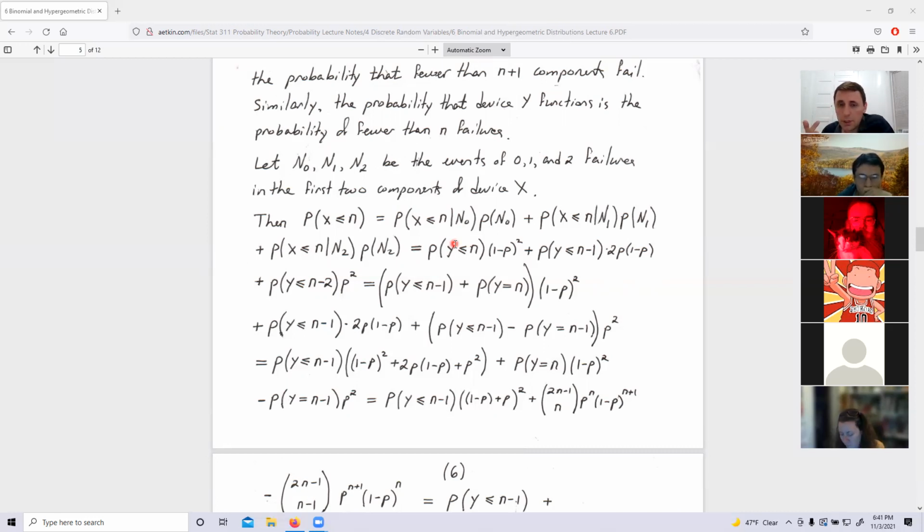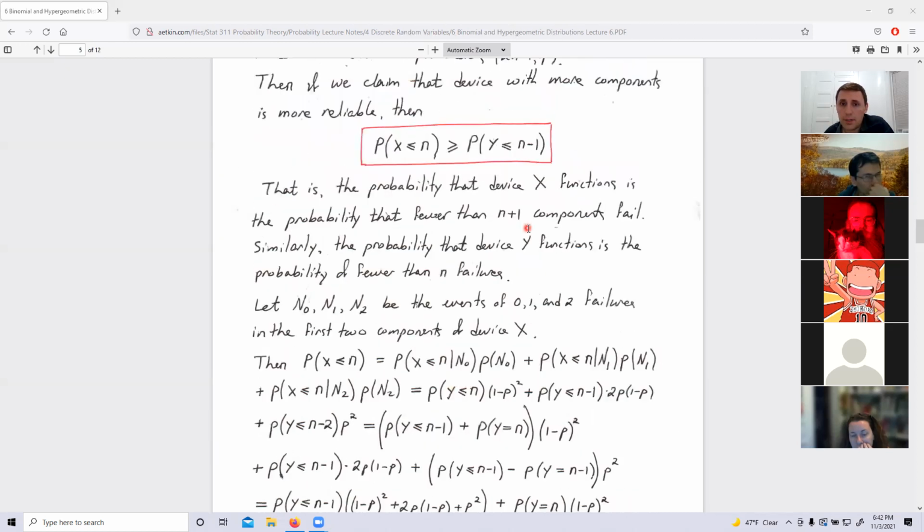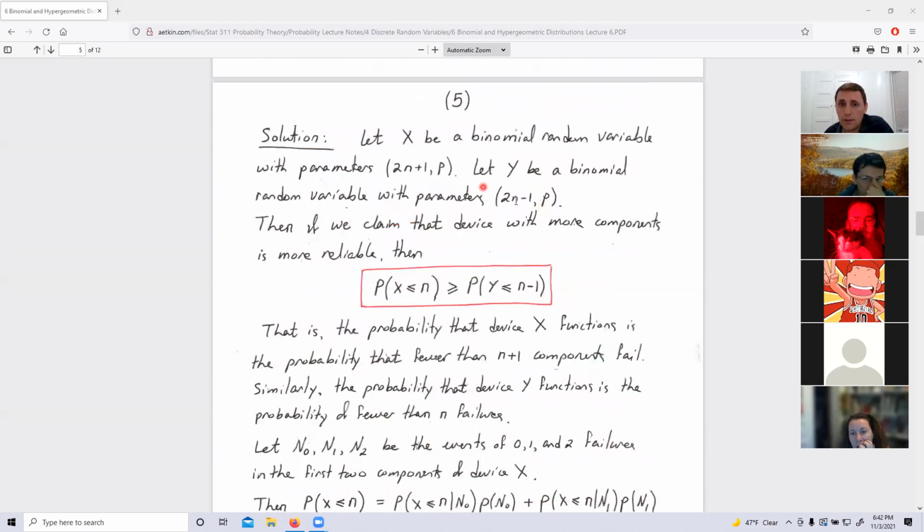Now, we should have less than n failures, correct? You with me, guys? It's a little difficult, so we should have less than n failures for the variable X. What does Y represent? Y simply represents, forget about left and right, the distribution on 2n minus 1 trials. We already know what happened to 2 trials, right? 2 trials were not successful, so I should not have n successes in the next remaining trials.